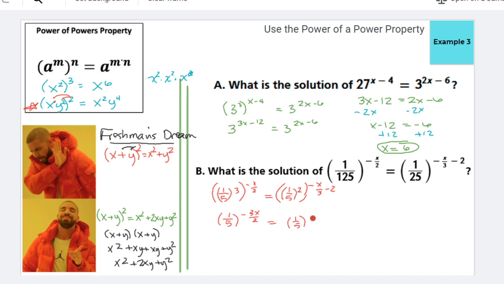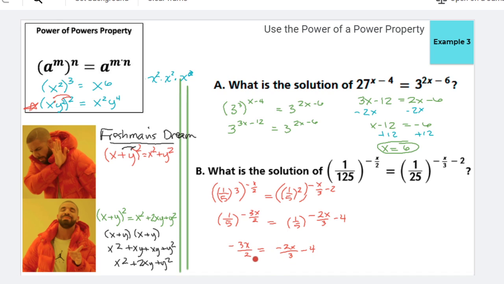So 2 times negative x over 3 is negative 2x over 3, and 2 times negative 2 is negative 4. And just like before, we could take these exponents and set them equal to each other. So I have negative 3x over 2 equals negative 2x divided by 3 minus 4.